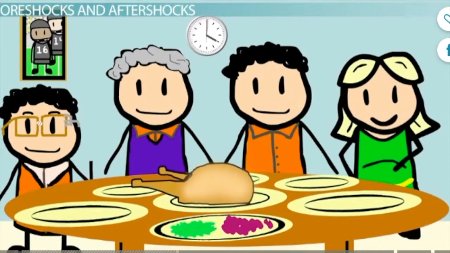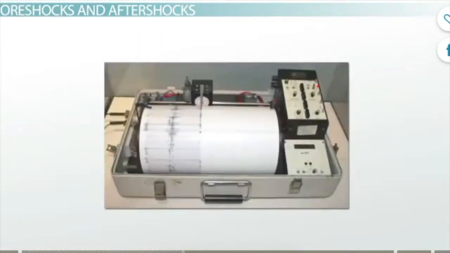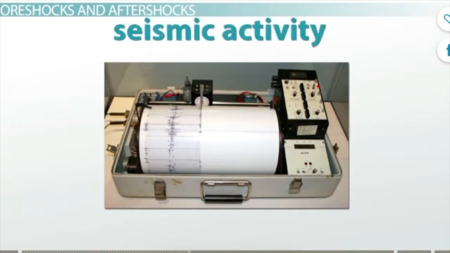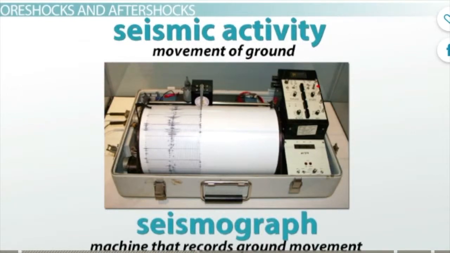Foreshocks are less likely to do damage than aftershocks because they're smaller in magnitude. You might even think that they could be used to predict earthquakes, since we can measure seismic activity, the movement of ground, on a machine called a seismograph. Unfortunately, foreshocks are usually too small and too close to the time of the main quake to help us know that the main quake is coming.